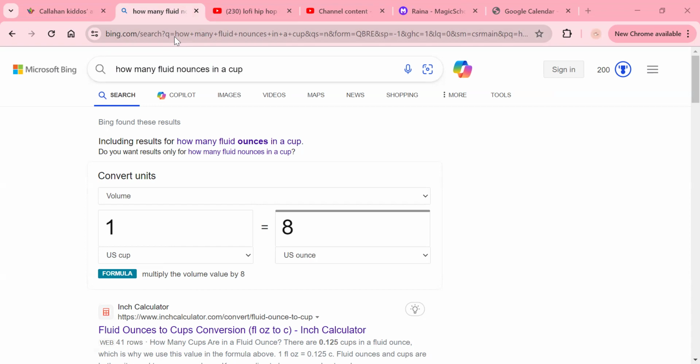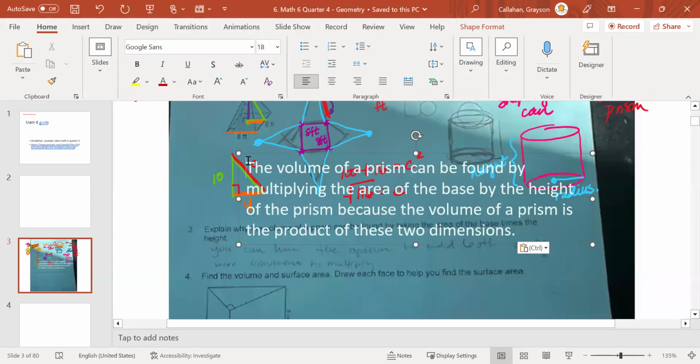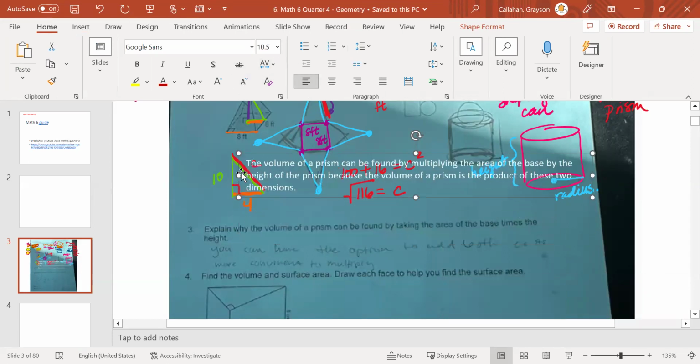And that makes sense, Grayson, because when you're taking the volume and you're multiplying by the height, it's like you're stacking all the circles on top of each other. Does that make sense? If you stack a bunch of circles together, then what is it going to give you? It's going to give you a higher and higher can, right?